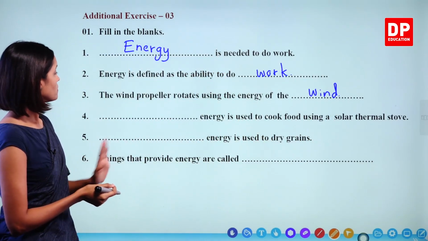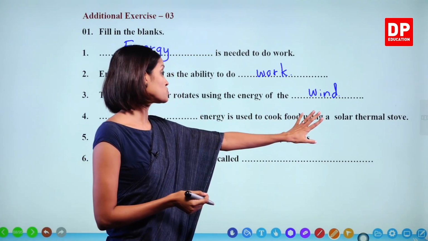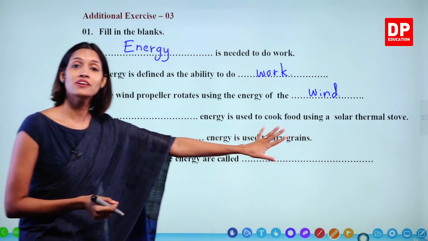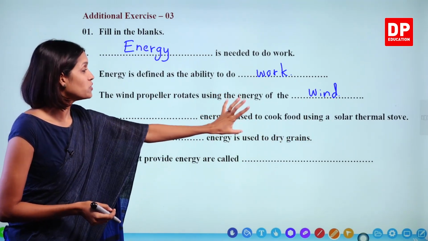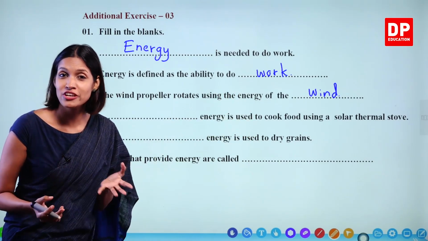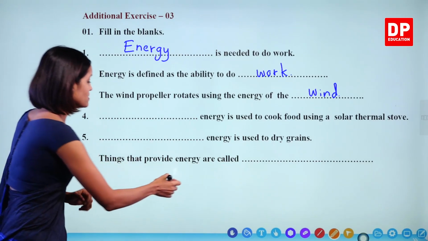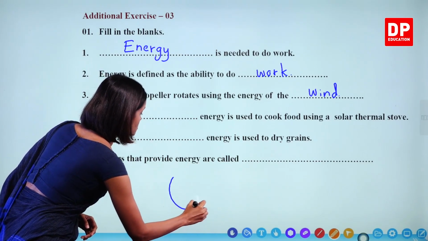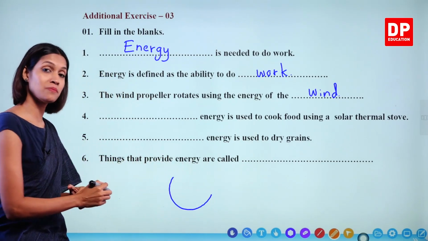Number 4. Energy is used to cook food using a solar thermal stove. Do you remember the solar thermal stove? So in order to cook food using the solar thermal stove, what type of energy do you need? You need solar energy, right? So if you consider, this is how the solar thermal stove, this is the shape, it is a concave shape, right?